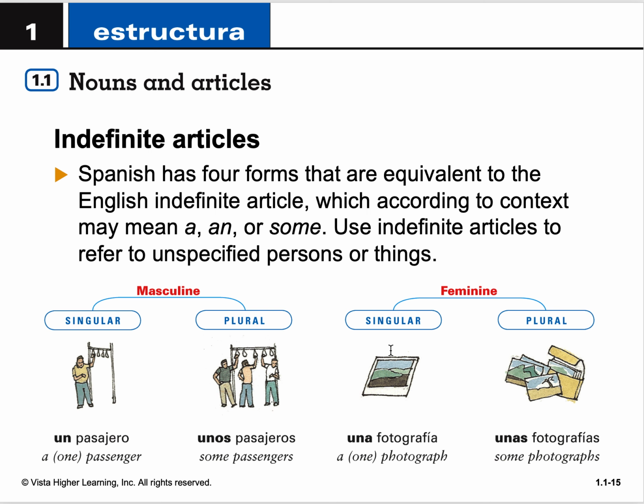Un and unos, una and unas would be a, an, or some. So that could apply to any one of them just depending on the context of the sentence. If it's a, it needs to be singular. If it would be plural, it would be some passengers or some photographs.